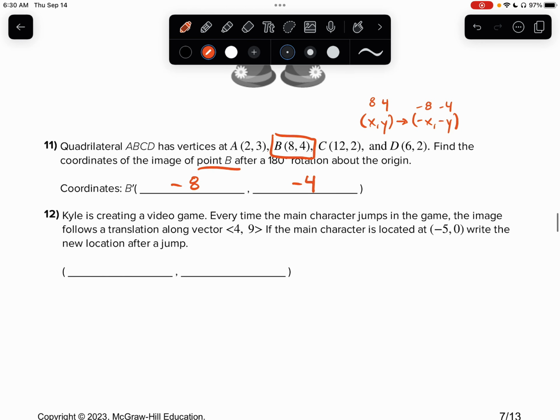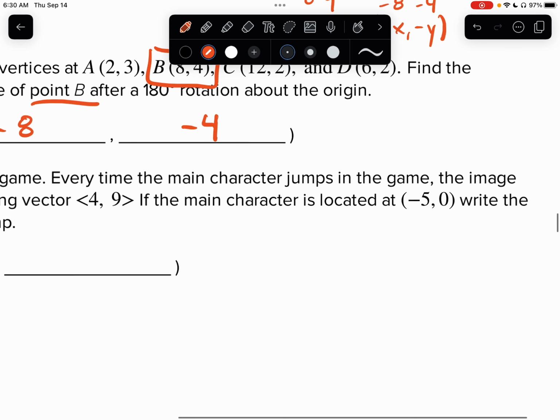All right, number 12. Kyle is creating a video game. Every time the main character jumps in the game, the image follows a translation along a vector (4, 9). If the main character is located at (-5, 0), write the new location after a jump. So translation along that vector means we take our x values and add 4, and take the y values and add 9.